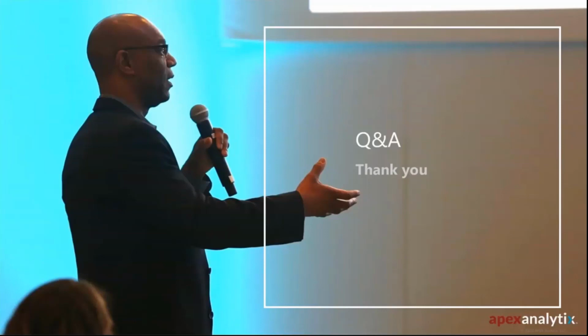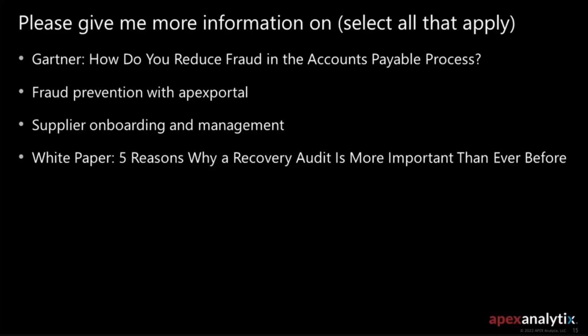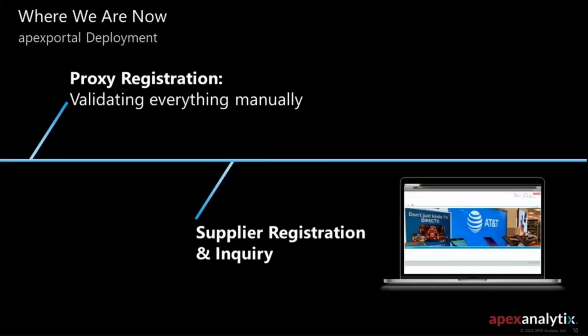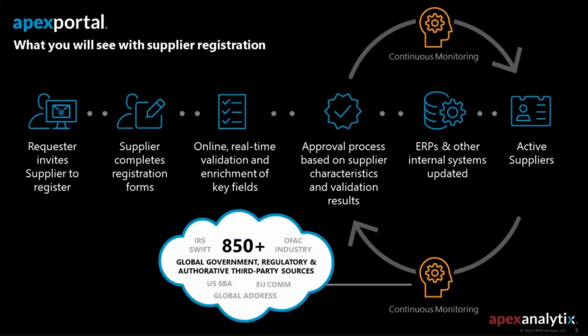Daniel writes, once vendor record is created after validation, is the validation continuously running against all records to identify when or if a tax ID change or bank account change occurs, or if it's no longer valid? Yeah, sure. So that's the beauty of the Apex portal with SmartVM.